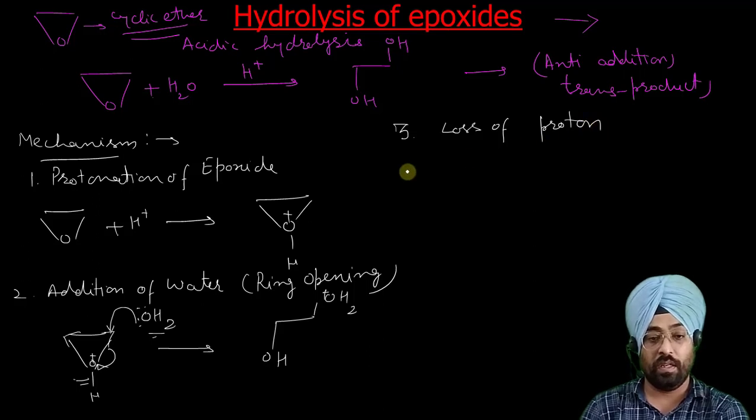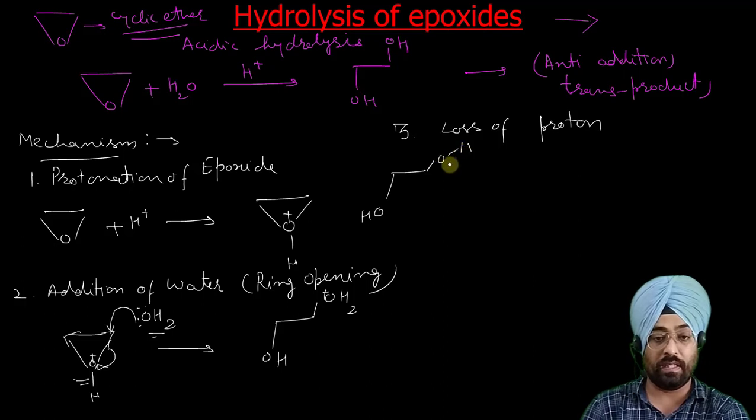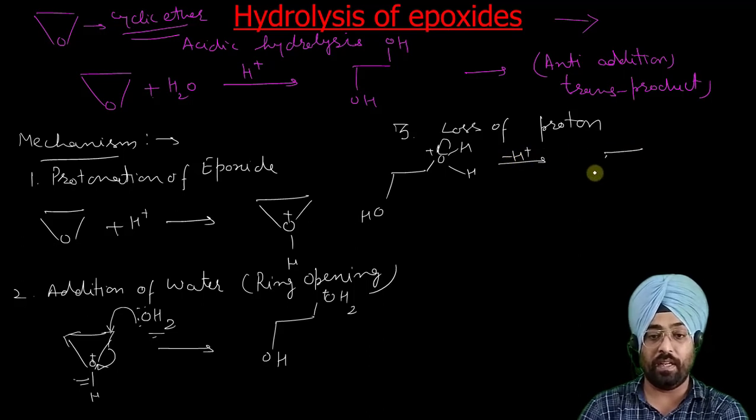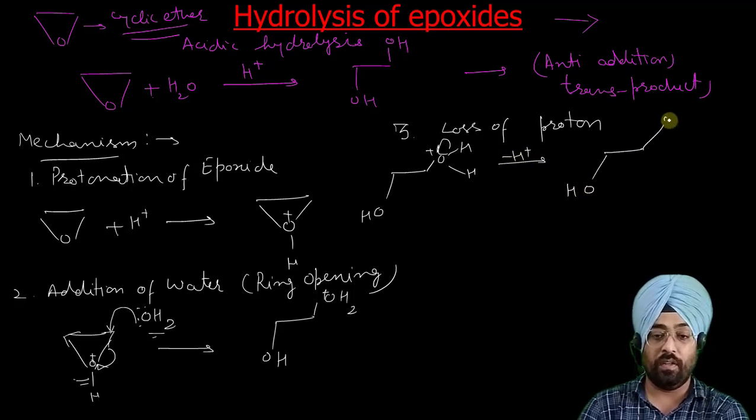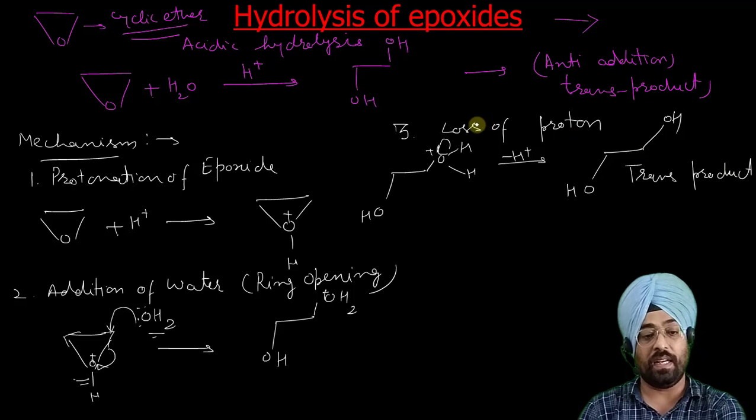So this compound, this OH H positive, loses a proton, minus H positive, and you get this diol, and this is a trans product. And we can say the addition is anti one.